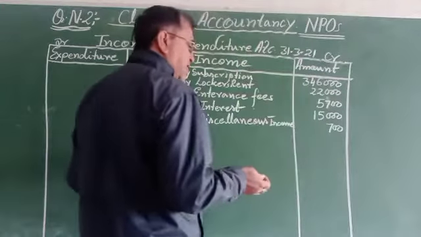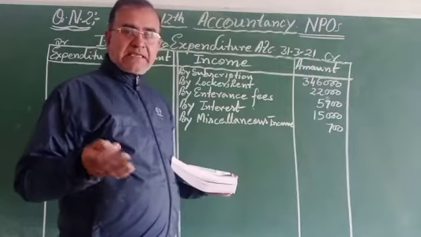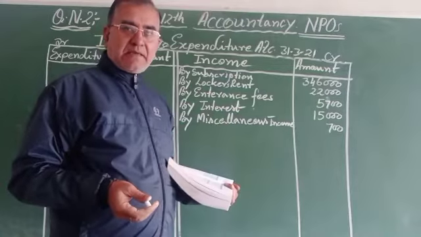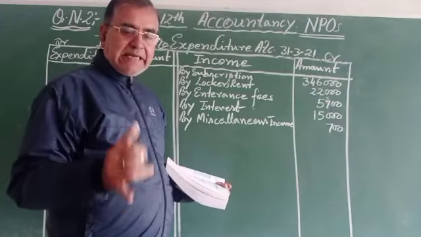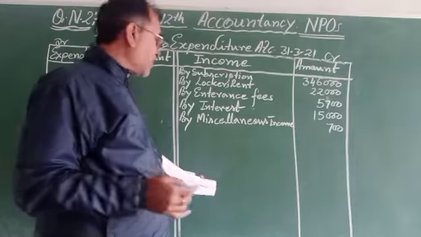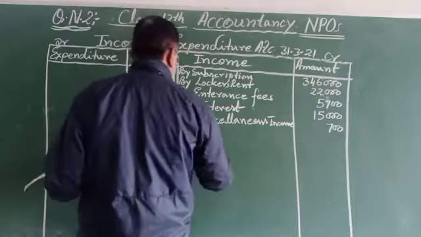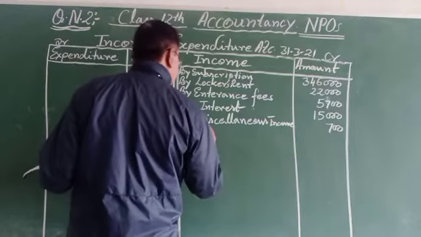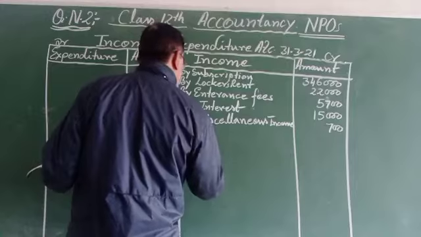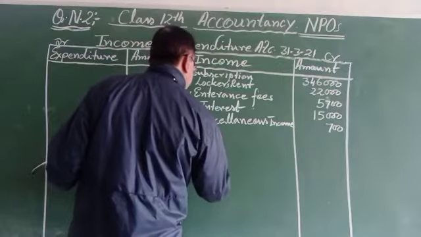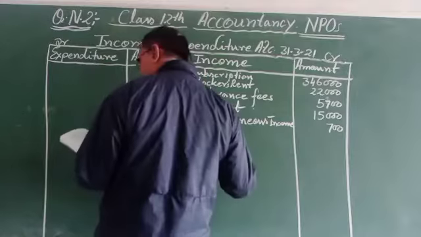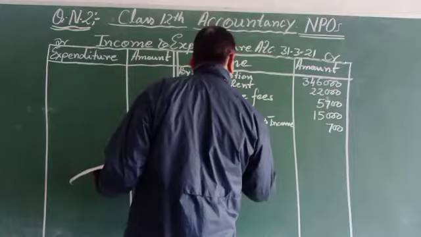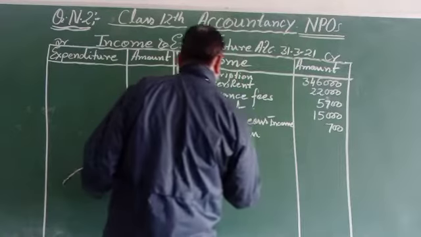Income from advertisement: whatever publicity services are given by the organization to advertise, it charges a certain amount. So we can write here in income for the particular accounting period, income from advertisement.